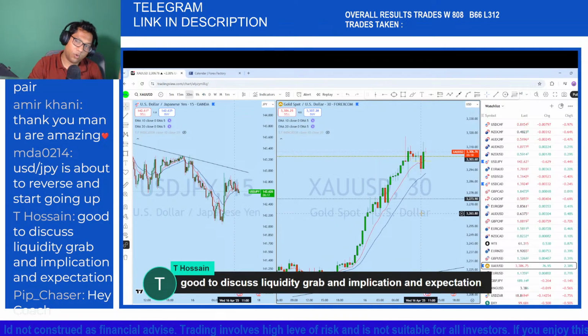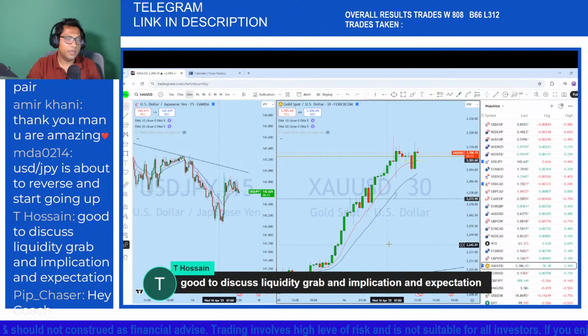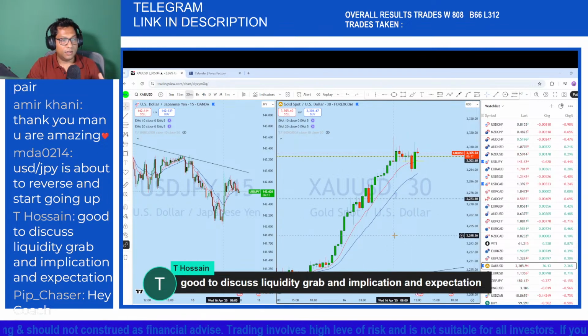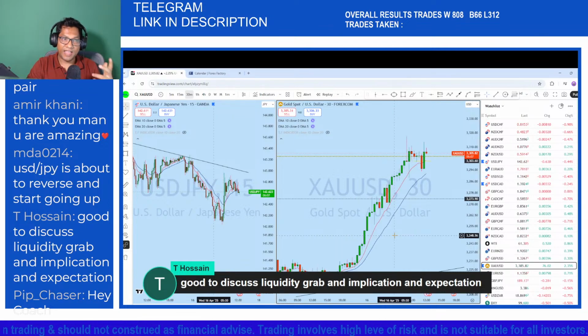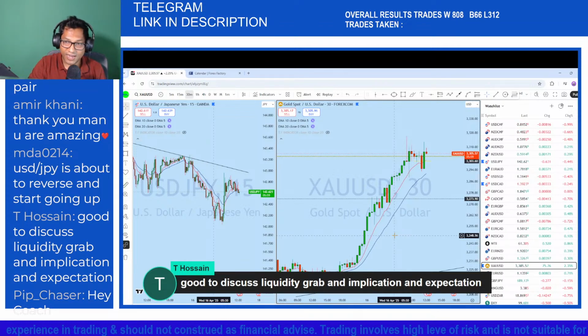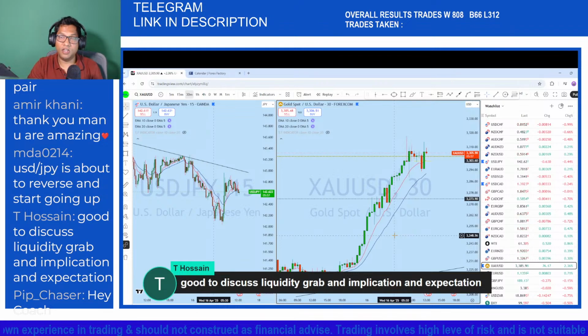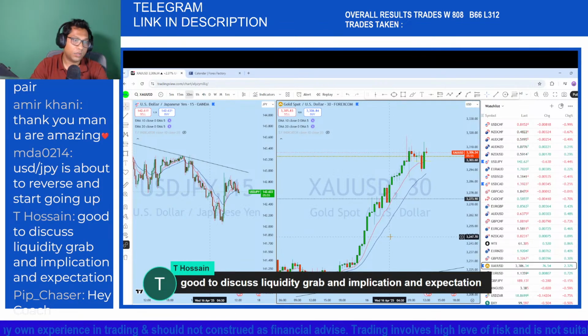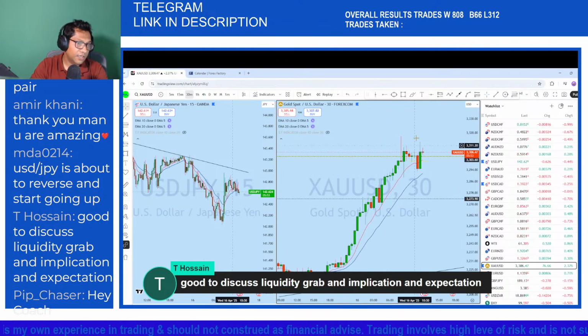Then I will be explaining how to identify the liquidity, and before that, let's understand this. Smart money needs to first guess when there will be a liquidity grab here, but the retail trader can follow their footsteps.